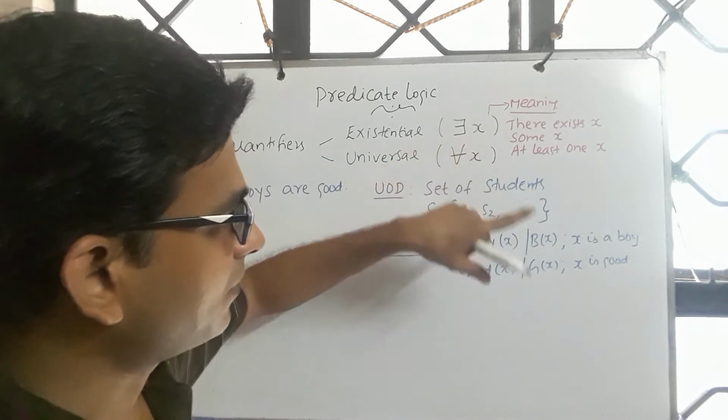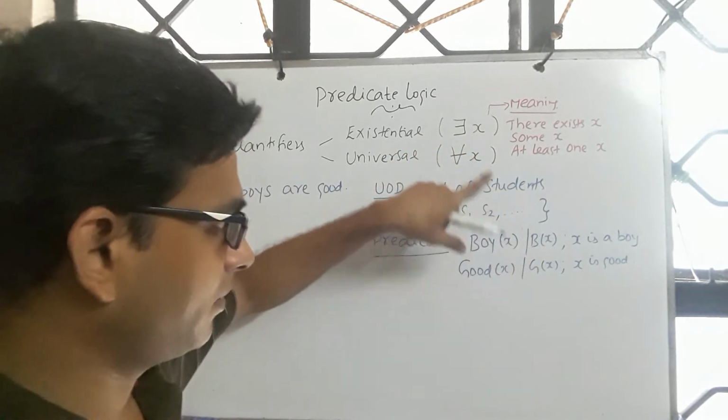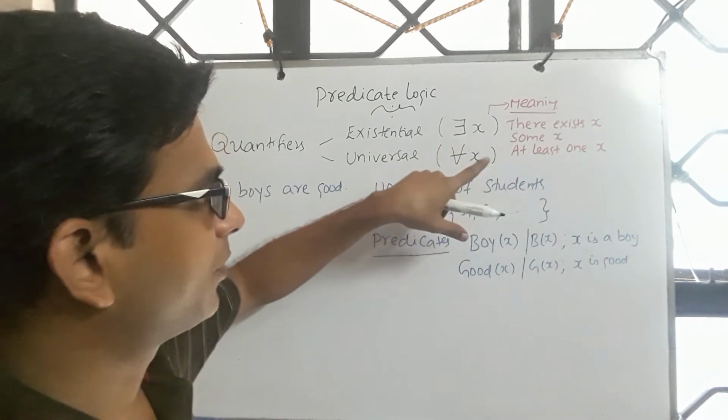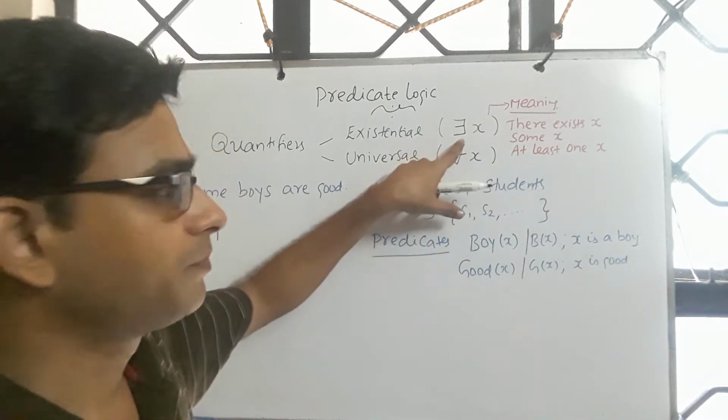If I say some X satisfy the property, the notation is this. At least one X satisfy the property, the notation is this.